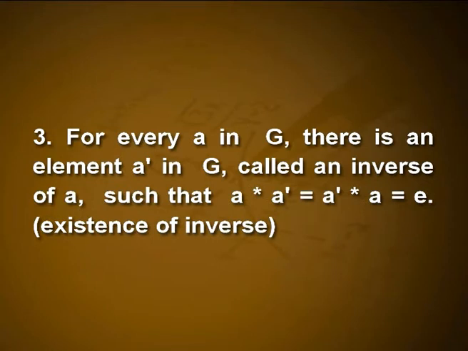For every a in G, there is an element a' in G called an inverse of a such that a * a' = a' * a = e, which is the existence of inverse.